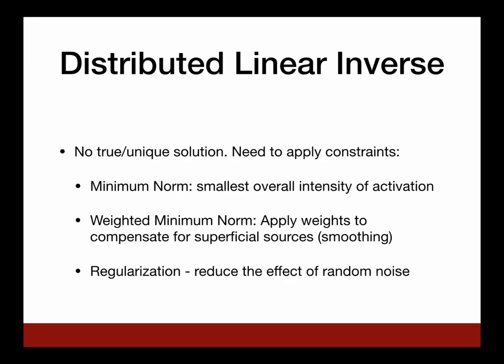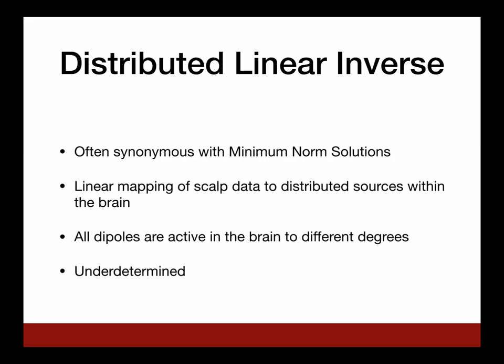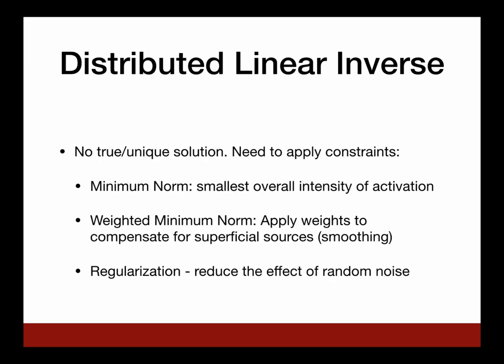But the interesting part of the LORETA models and minimum norm is what we say is: give us the solution that has all the voxels in the head active at a particular time, but I want the sum of all of those voxels to be as small as it possibly can be. So give me the minimum activation possible across the entire brain to give me this particular scalp model. And it works incredibly well.